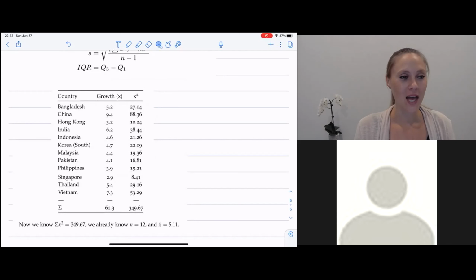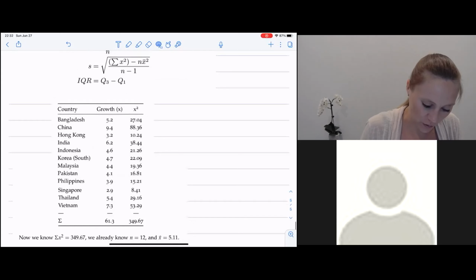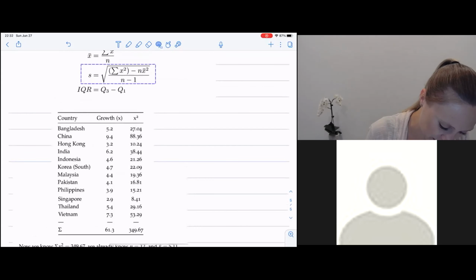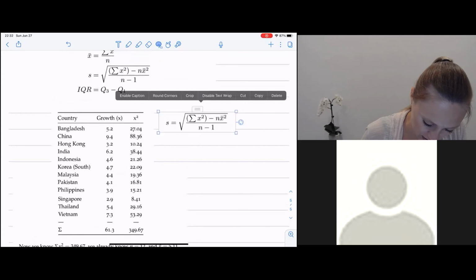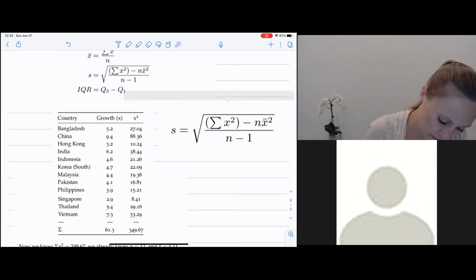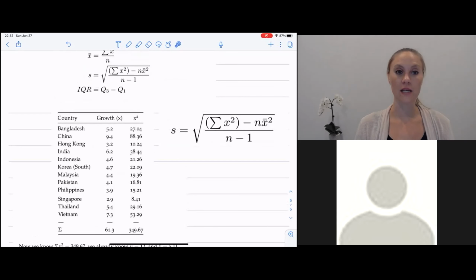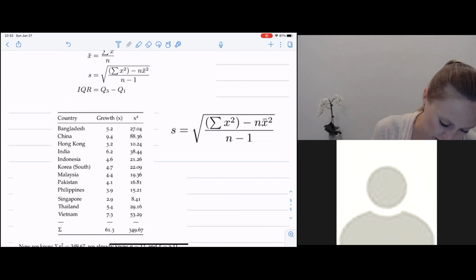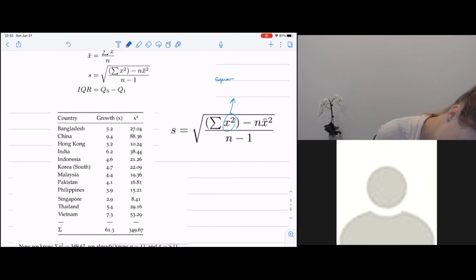Worth it, right? Okay, so if we talk about this formula here, let me just copy and paste it. What this is saying is that you're going to need the sum of the x's squared, which really just means I need a column of each x.